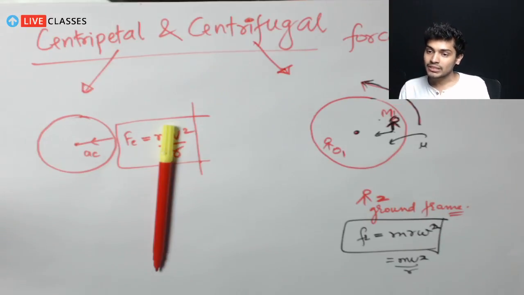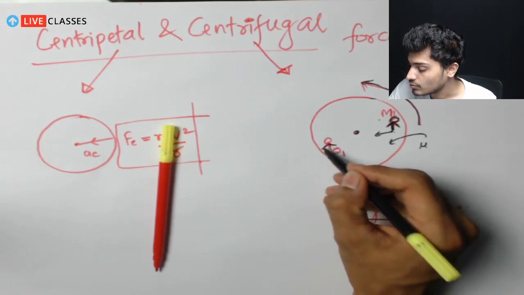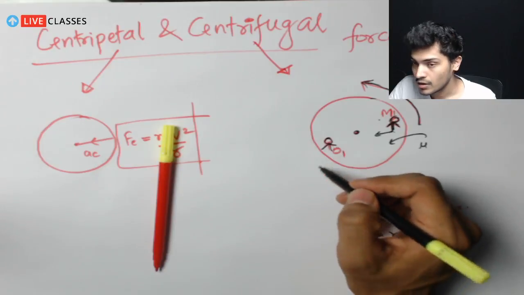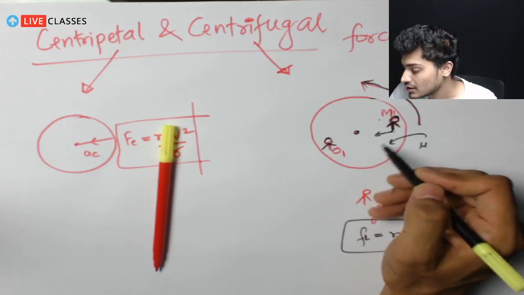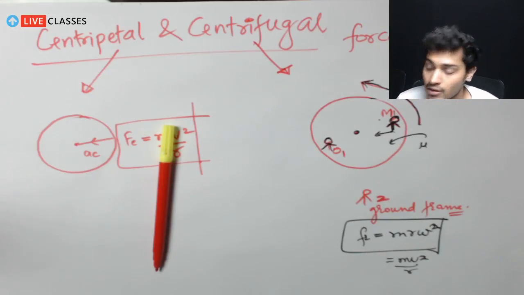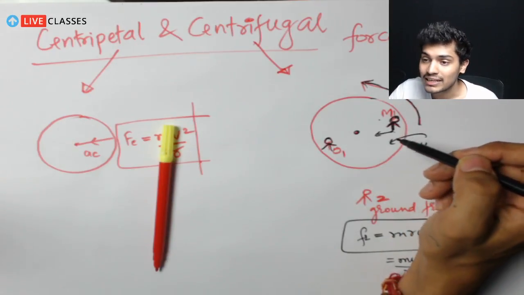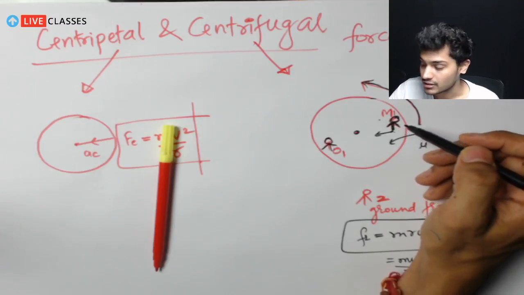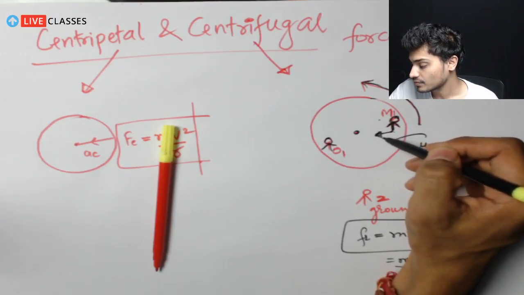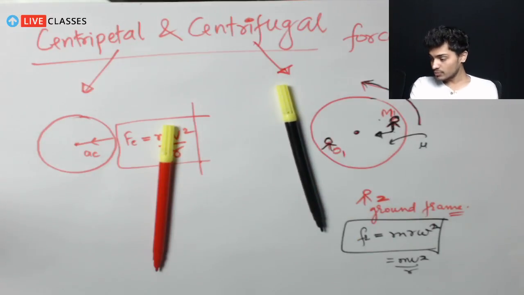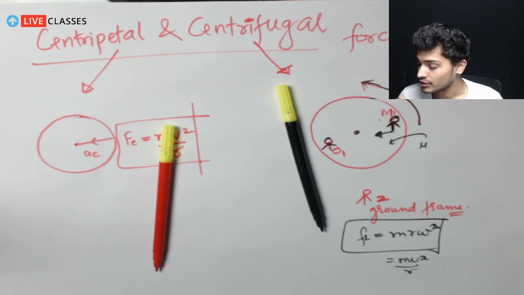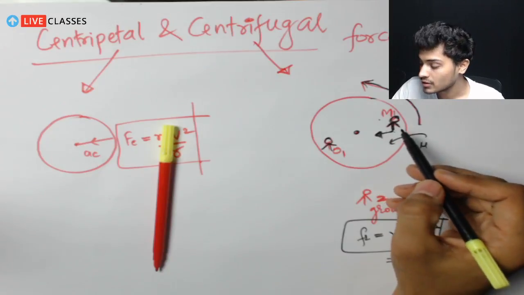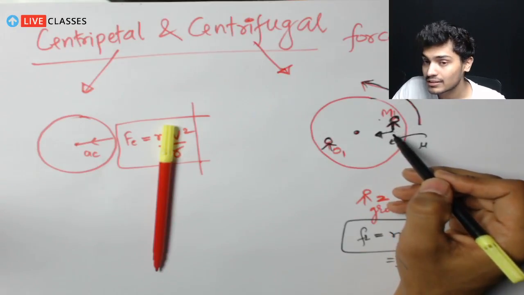But what will happen if we observe this motion from this point of view? When observer 1 observes the motion, he will find that this m1 is at rest. But how can it be at rest? There must be some force acting on this m1 which keeps it at rest.